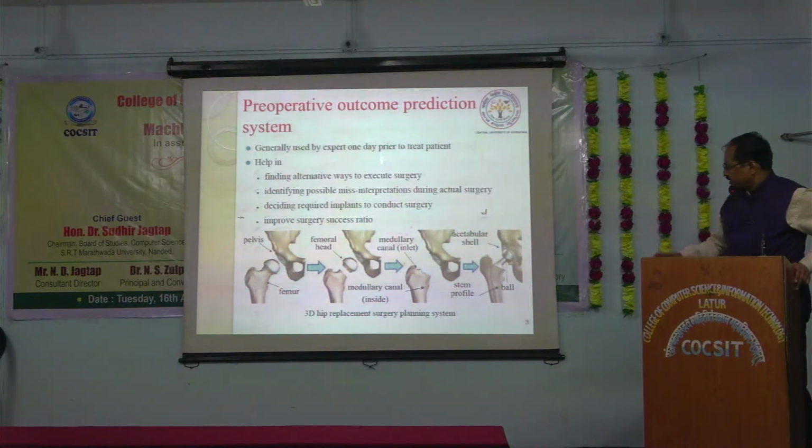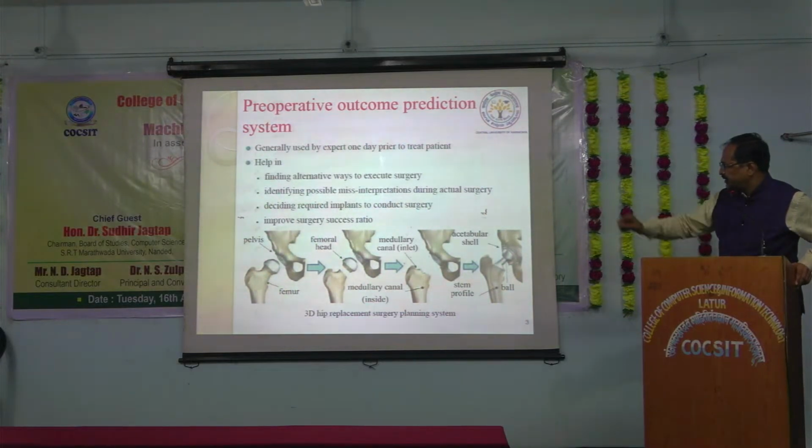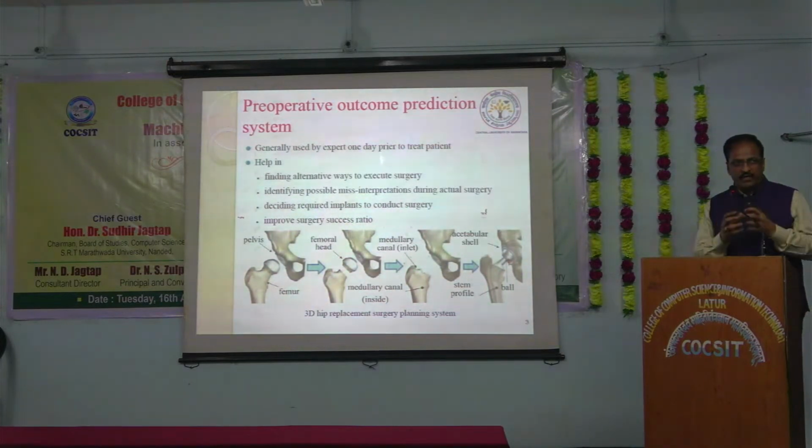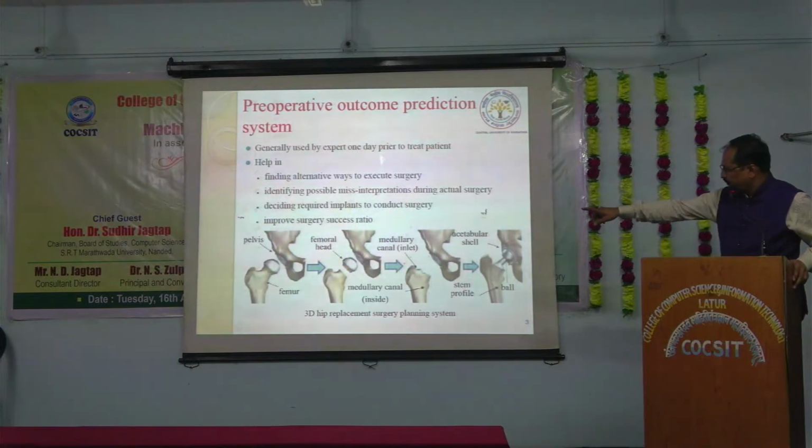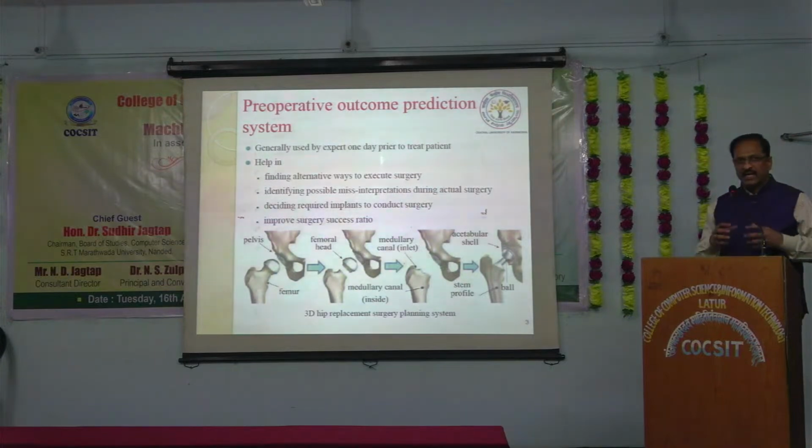So here some bone parts are shown. You can see the pelvic, which will be in the hip. Then the femur bone, which joins with the pelvic. Then in the femur bone, that is called the femur head. It works like a joint, and there will be lubricant.